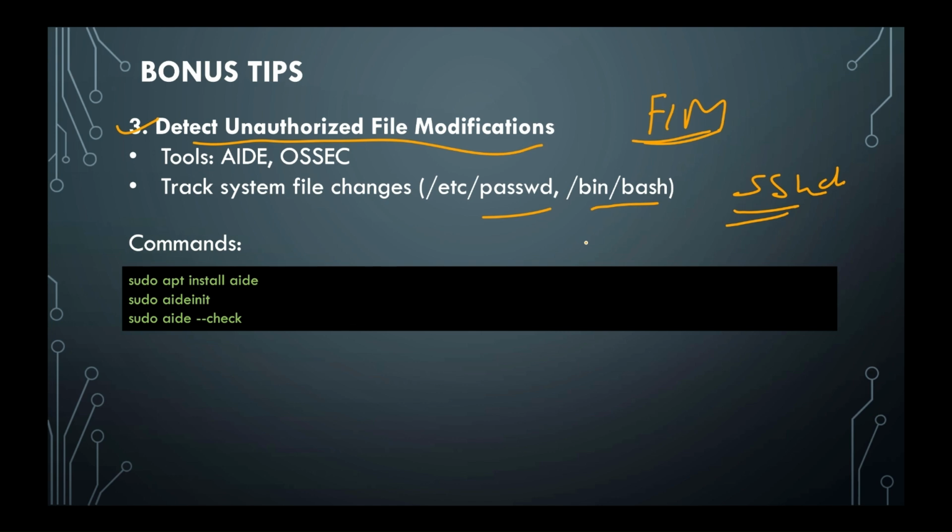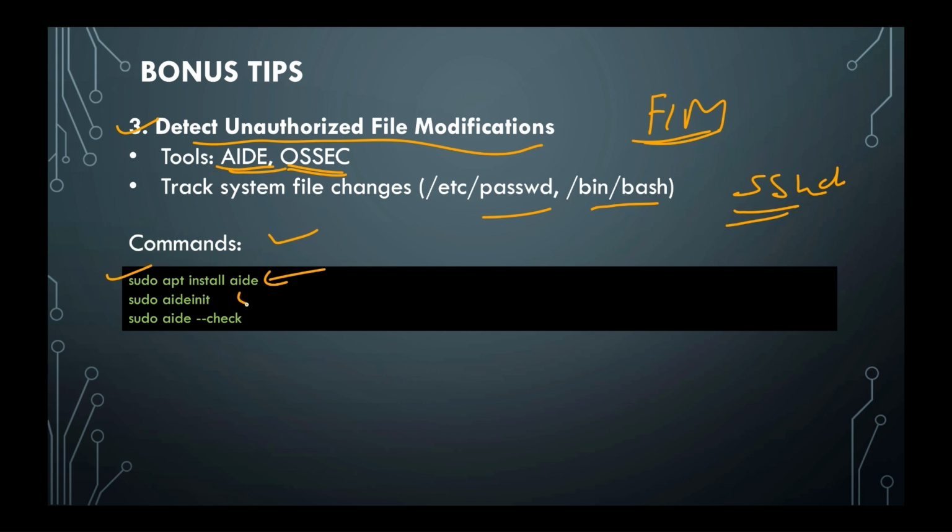There are some tools like AIDE and OSSEC that can help you monitor critical files and integrity changes. For example, using AIDE to monitor files, you can install it using sudo apt install aide, then initialize the AIDE database. This will capture the baseline state of your system.